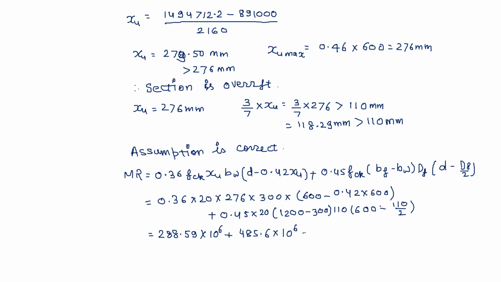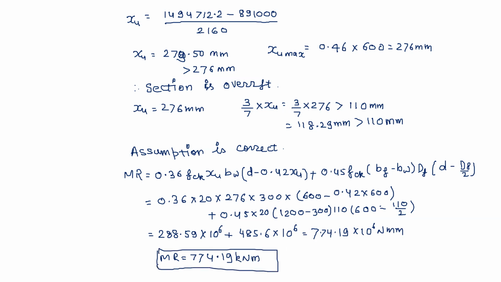From this we get the value equal to 774.19 into 10 raised to 6 Newton millimeter. So we have MR equal to 774.19 kilonewton meter. This is the moment of resistance of the L beam. So now we will stop here only. The remaining part we will see in the next lecture. Thank you.